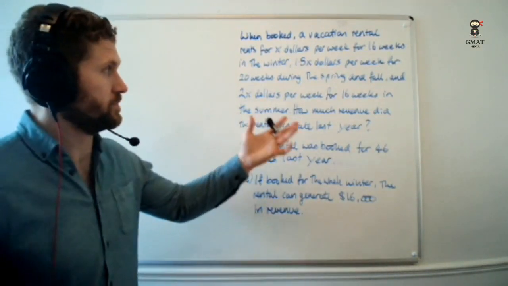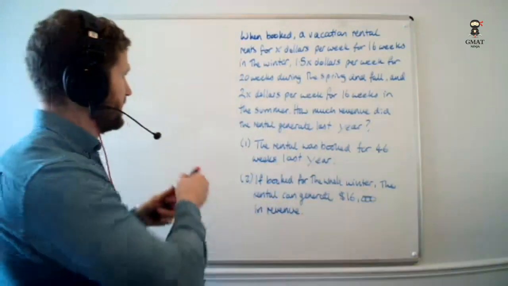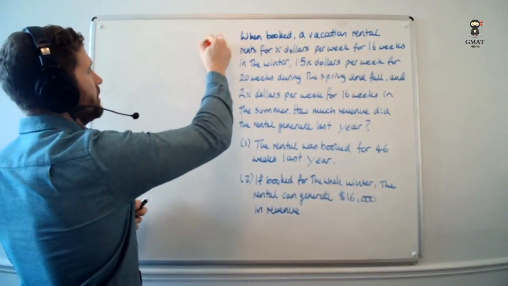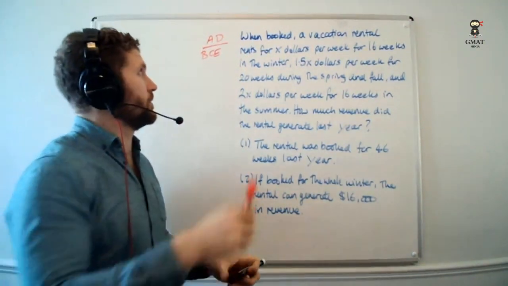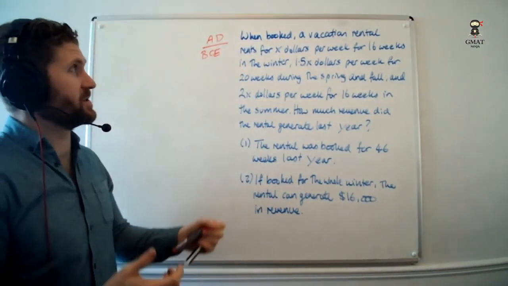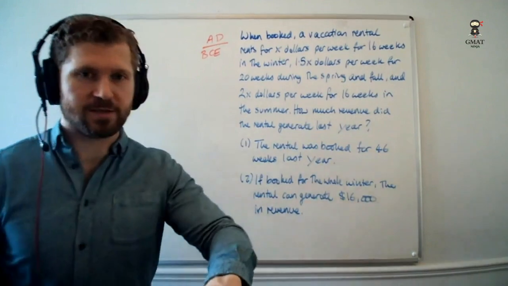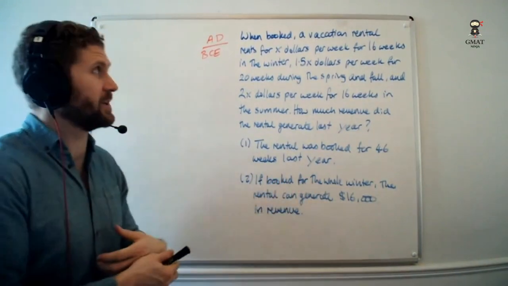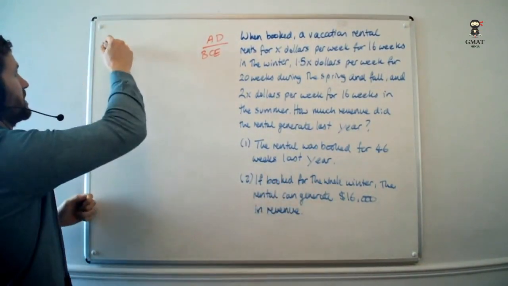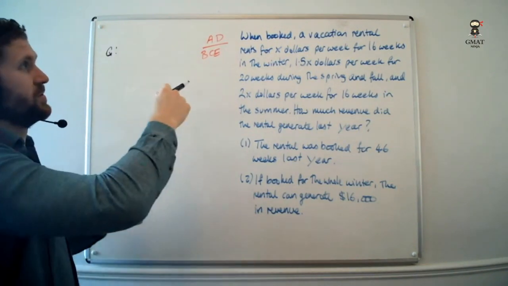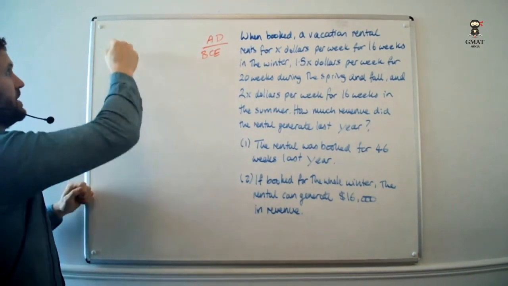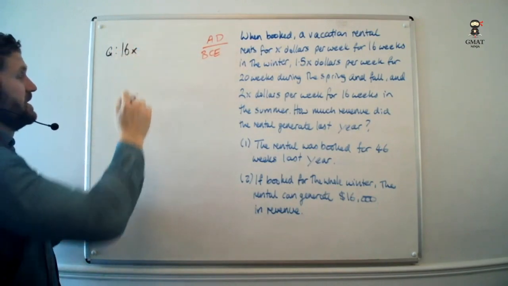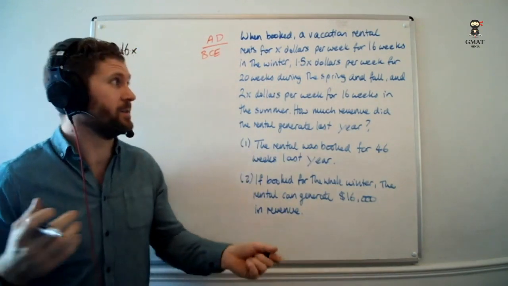So, data sufficiency questions. I'll get this AD over BCE set up, ready to go. And we know that when booked, a vacation rental rents for x dollars per week for 16 weeks in the winter. So being very literal with this, I can begin creating an equation: x dollars a week for 16 weeks in the winter, so 16 times x, that'll be the amount of money I get in the winter.